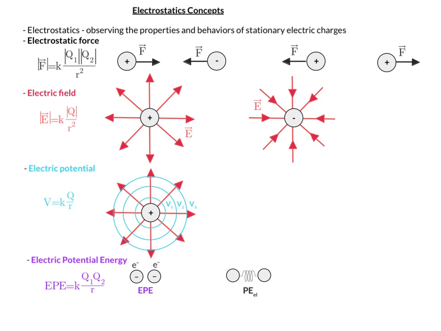Same kind of thing with the electric potential energy. Now we'll say that the relative electric potential energy would be the one where the two charges are infinitely far apart, because when r is infinity, then the electric potential energy is 0. So that would be a common relative electric potential energy.